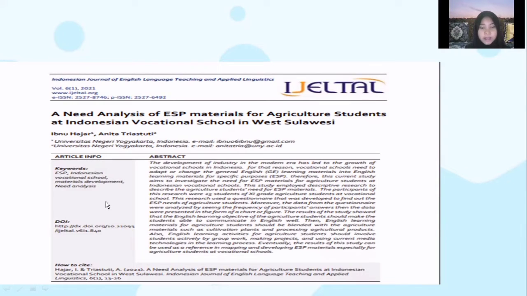The writers are Hajar A. and Trias Tuti A., 2021, about a need analysis of ESP material for agriculture students at Indonesian Vocational Schools in West Sulawesi. The journal is the Indonesian Journal of English Language Teaching and Applied Linguistics.